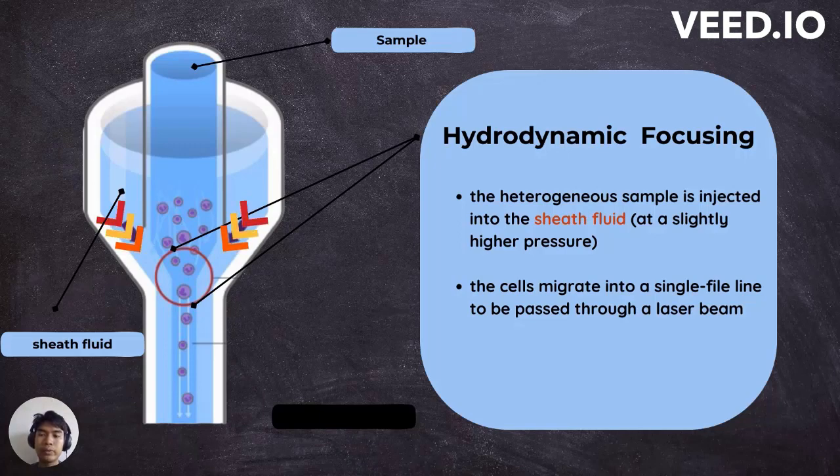This surrounding fluid is known as the sheath fluid, and it flows at a very high rate. By injecting the sample into the middle of the sheath fluid, the differences in the velocity and the density of the two liquids allow the cells to flow through the tube separately with minimal mixing, and the cells are forced to pass in a single line through the optical laser beam.